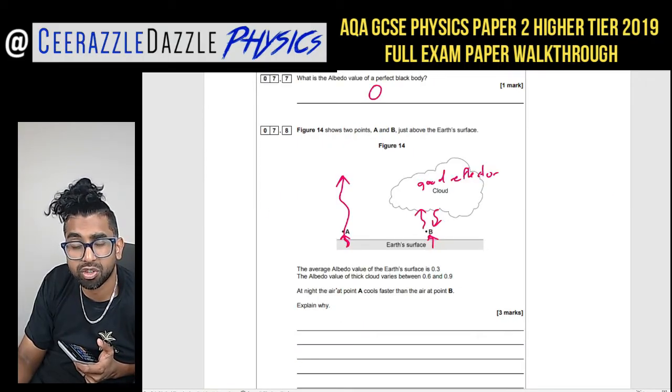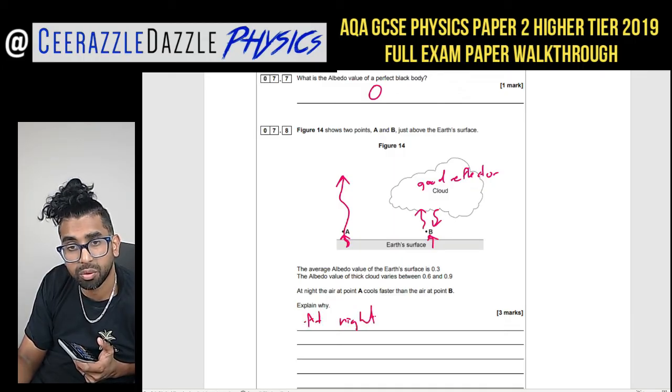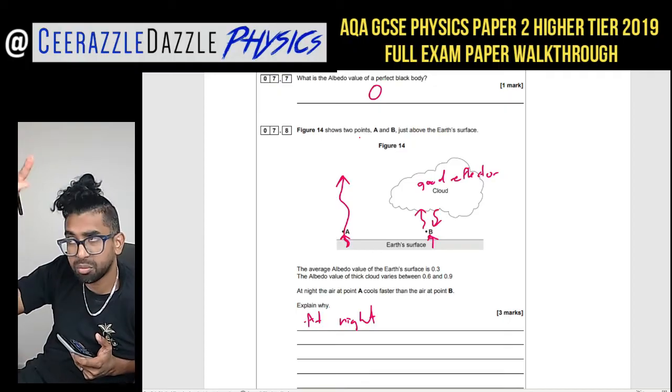Okay, so the first point is quite tricky in the mark scheme. It's going to be that at night, there's no more radiation coming down. There's no more heat coming down.